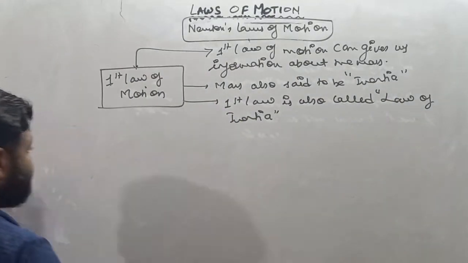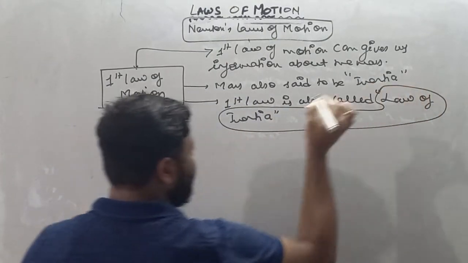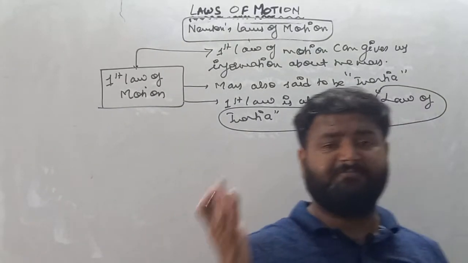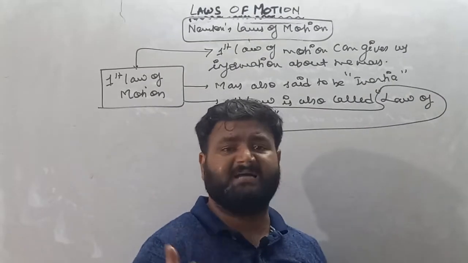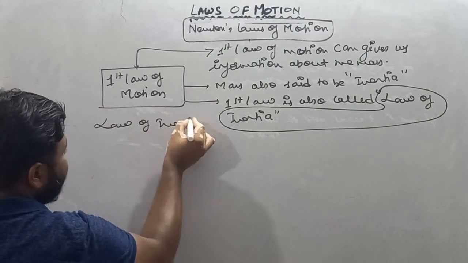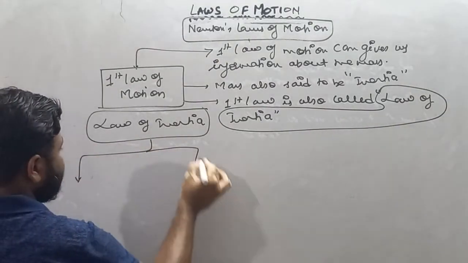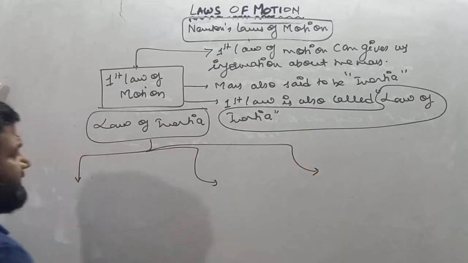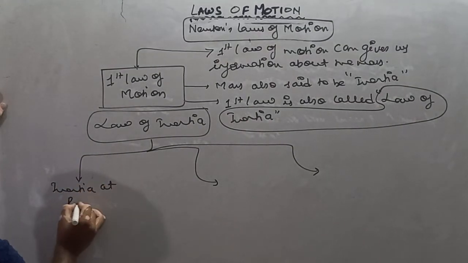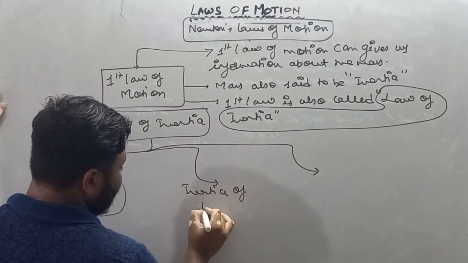So moving forward, the first law is considered to be the law of inertia. Inertia is nothing but mass. With the help of the first law, we'll understand what actually mass is. Now see, the law of inertia is classified into 3 types.